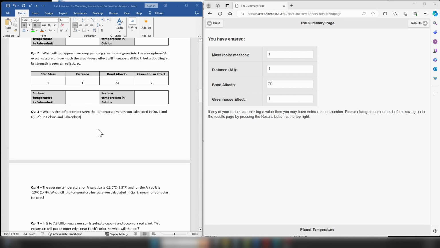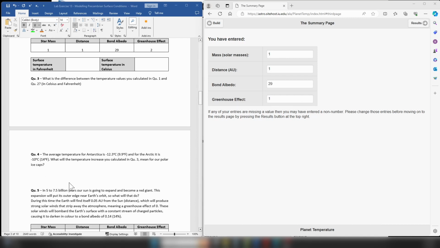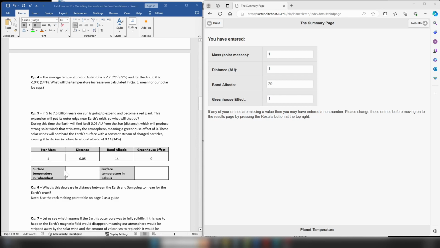If the difference between your answer to question 2 and your answer for question 1 exceeds these values, for instance, let's say 13 Celsius, well, obviously that means that if you increase by 13 Celsius, that's going to take you above freezing in the Arctic, and it's going to take you above freezing in the Antarctic. And so then you have to wonder, well, once you get above 0, what's going to happen to all that ice? And so you can probably write your answer based on that.